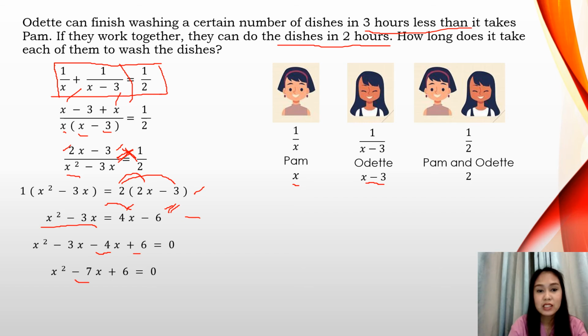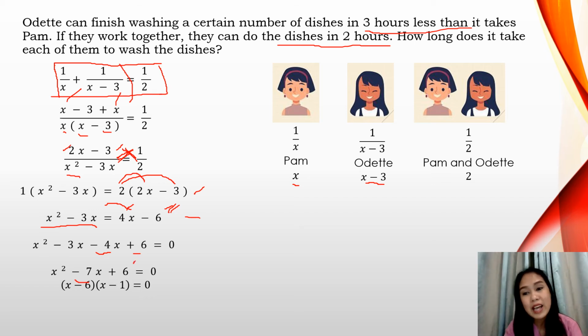Now after that, since we already have a quadratic equation, we are ready to solve for the value of x. We can use factoring, quadratic formula, completing the square, extracting the roots if that's possible. But I think it would be easier for this particular equation if we use factoring, since we know that the factors are negative 6 and negative 1. Because if we multiply negative 6 and negative 1, that would be equal to positive 6.